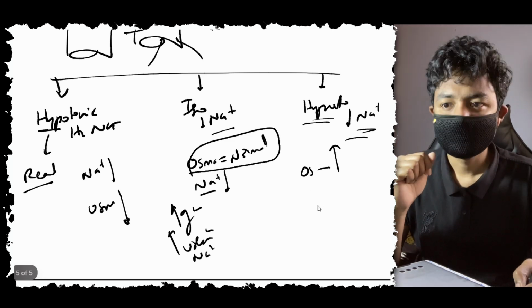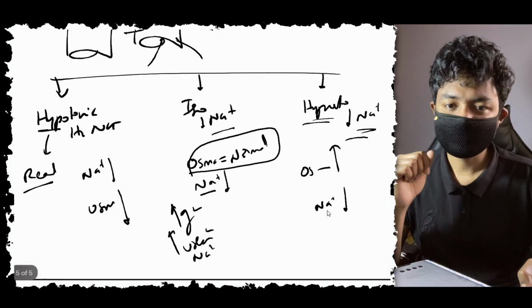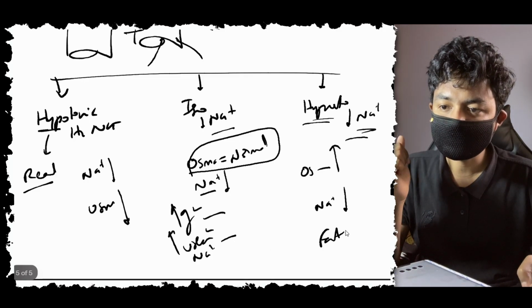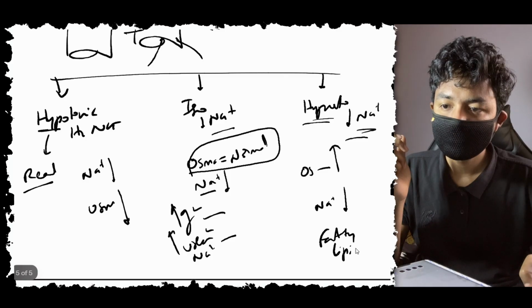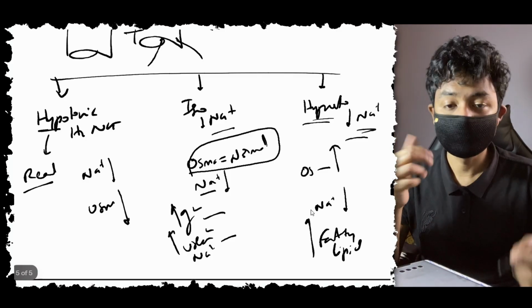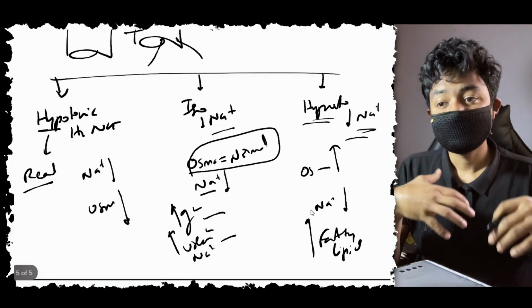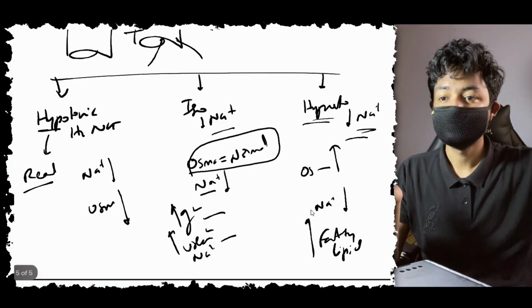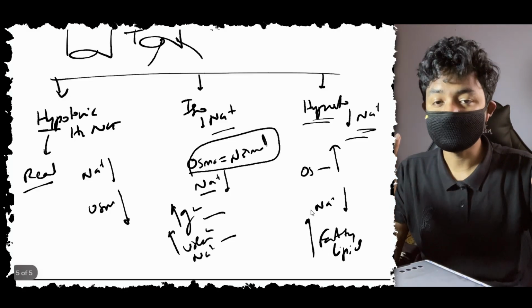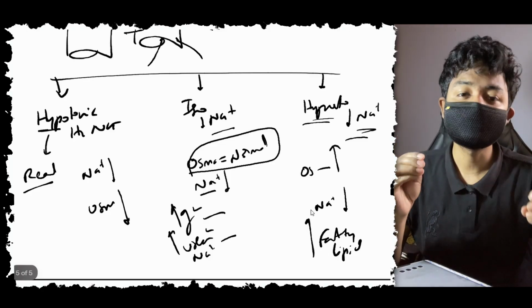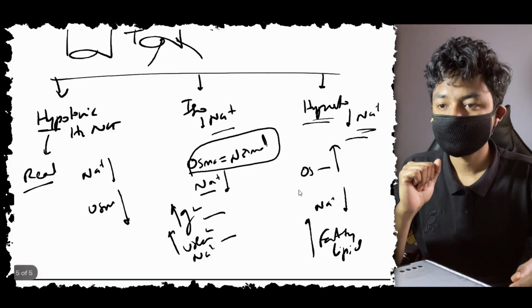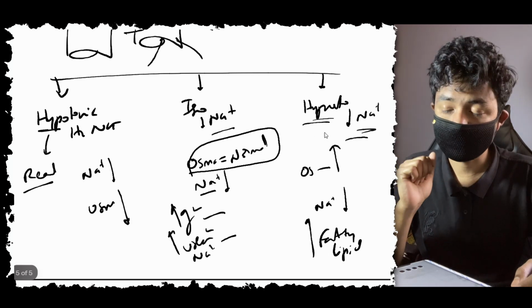That means again the sodium concentration is less, but something else like glucose, urea, and also fatty acids, lipids, all these things will be more inside the blood, and that is compensating for the sodium, as well as overshooting, so that the osmolality is becoming higher, right? But the sodium concentration is still low, okay? So that is hypertonic hyponatremia.